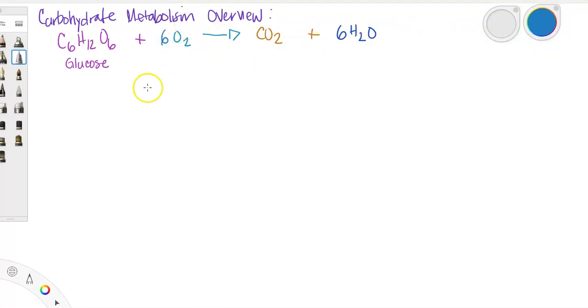We'll react 1 glucose with 6 oxygens, and we get 6 CO2 and 6 waters. And of course we also get ATP. So that's the energy we get out of that.